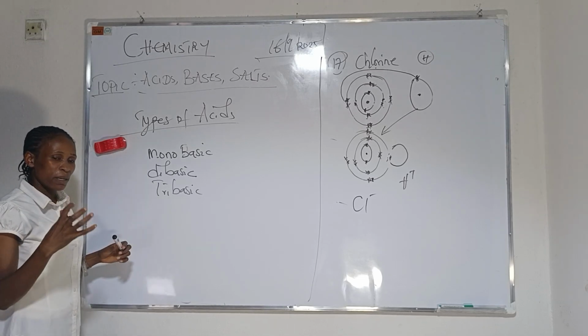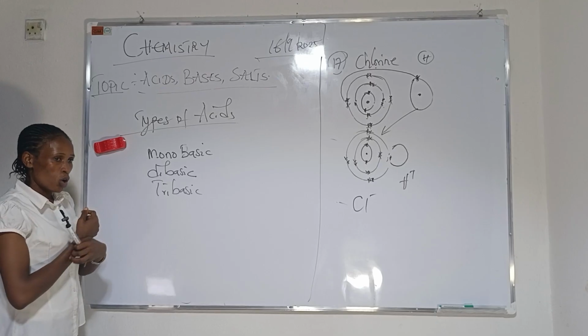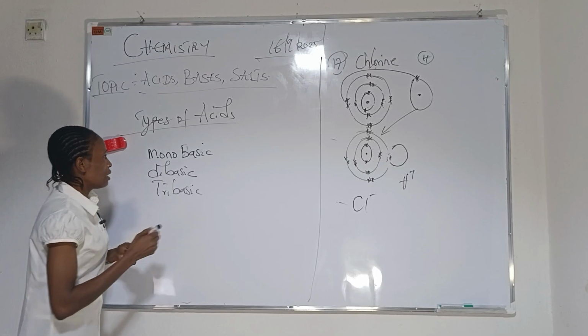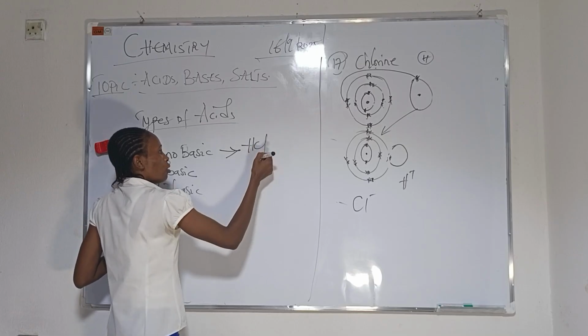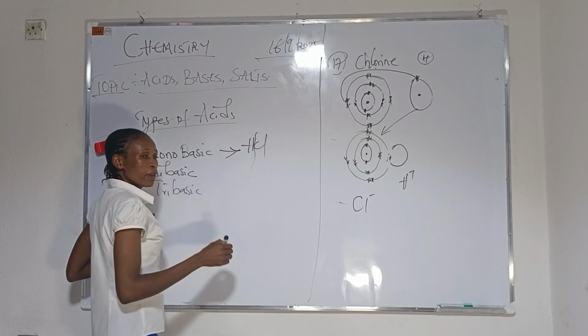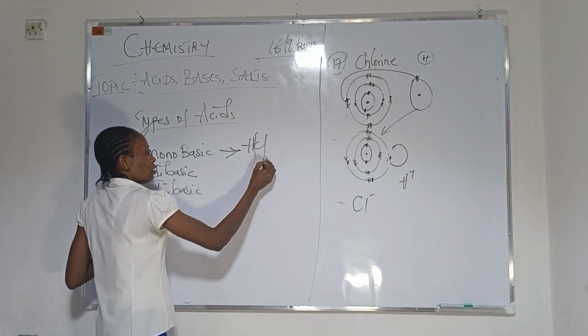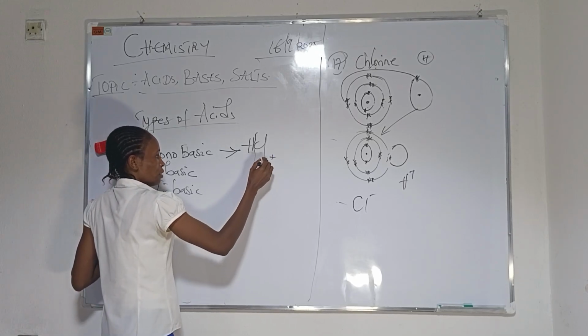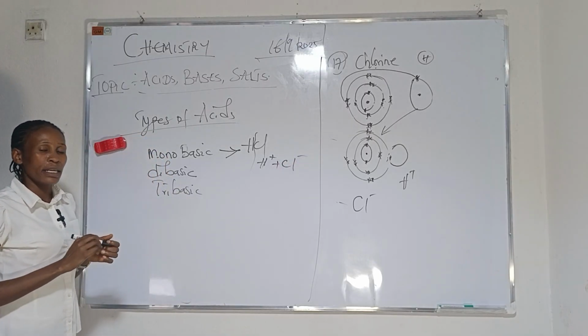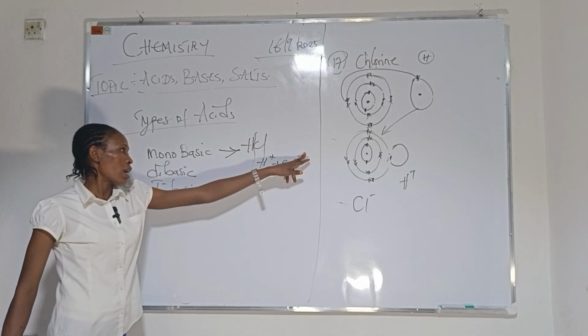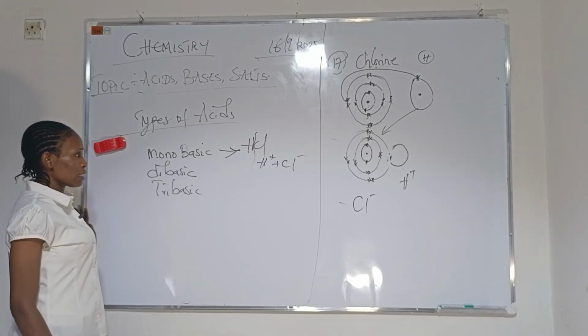Let me explain this better so that you can understand it better. This is HCl. When dissociation takes place, I am having H positive, that's hydrogen ion, and Cl negative, which is chlorine ion.